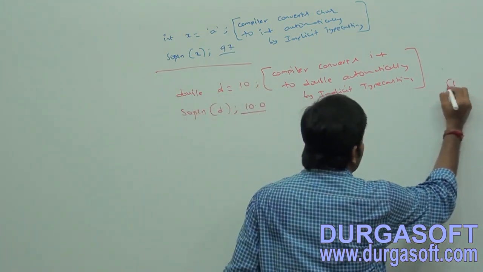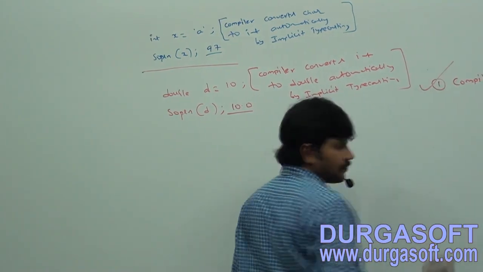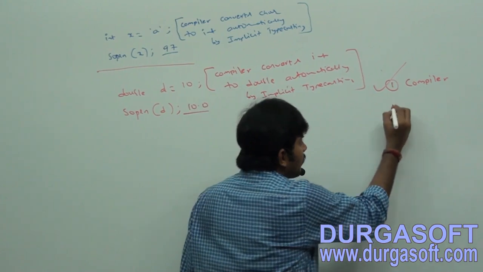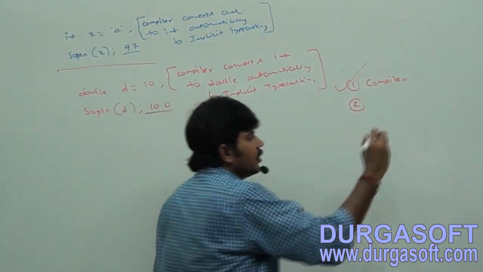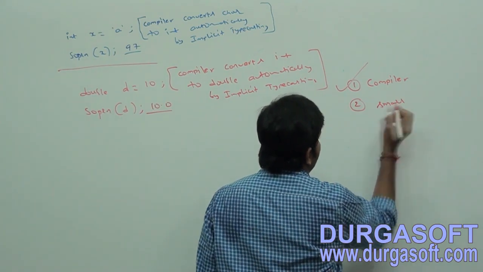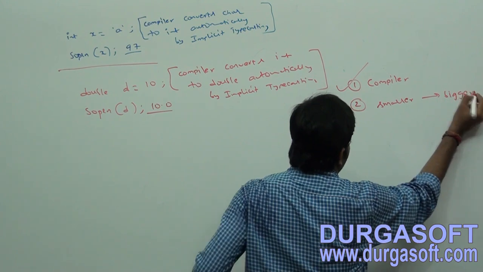Now, first conclusion: who is responsible to perform implicit typecasting? The compiler. Second, have you observed when implicit typecasting will be performed? When assigning a smaller data type value to a bigger data type variable.